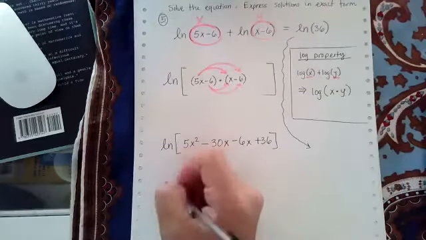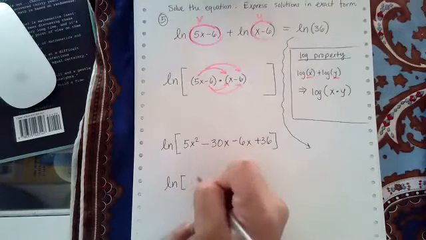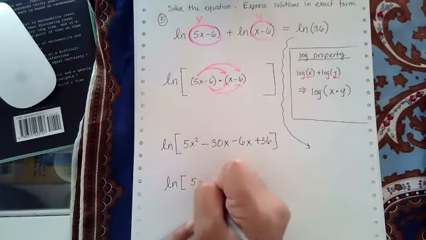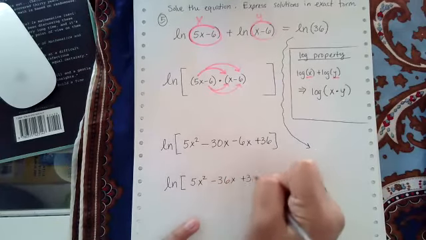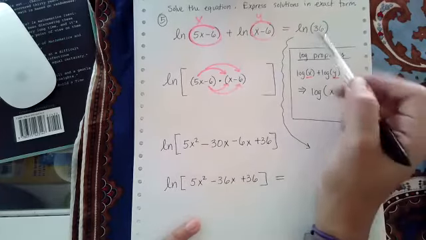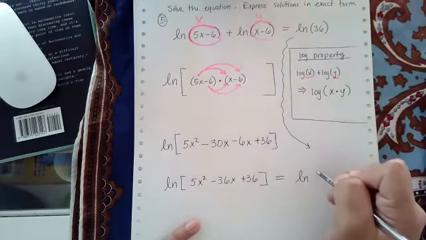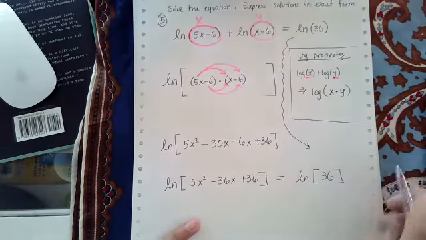We can go ahead and combine like terms. So we have ln of 5x squared minus 36x plus 36. And that's equal to, we didn't touch this side over here, ln, and I'll be consistent and use brackets now, 36.